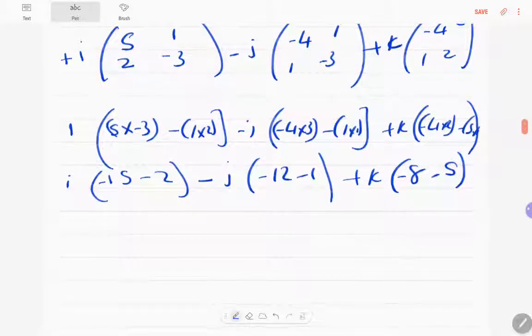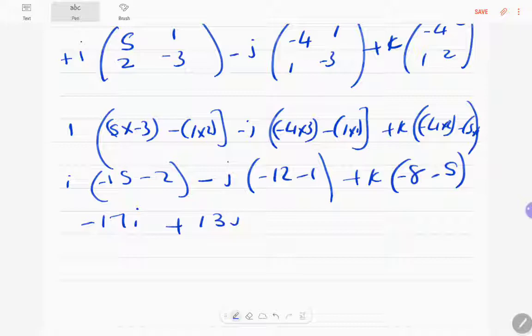They say they want the vector, not the magnitude. That means I will have minus 17i plus 13j minus, what is 8 plus 5, minus 13k. So this is our final answer.